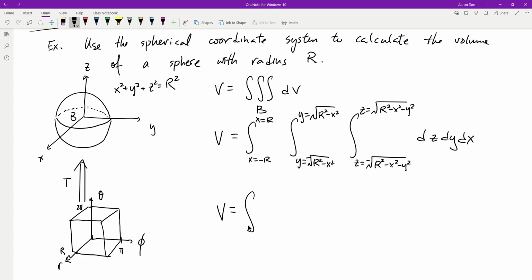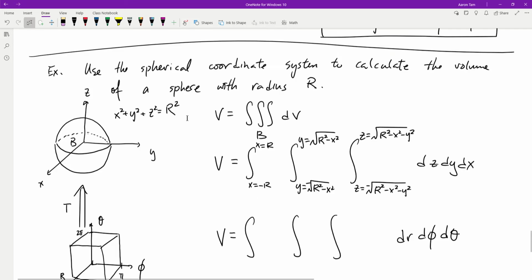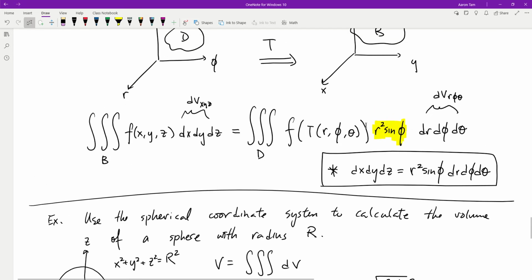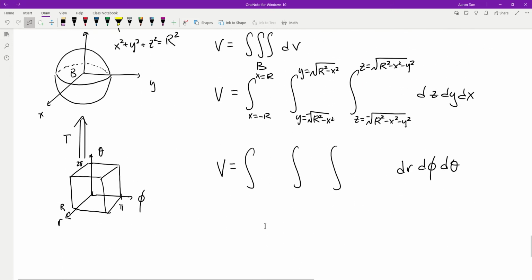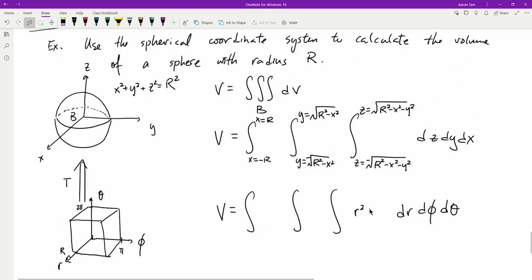I'm just going to pick the order of integration to be dr, d phi, d theta, because that's how the coordinates appear. But remember, in our transformation, I have to put in r squared sine phi to indicate the ratio between the two sets of differentials.